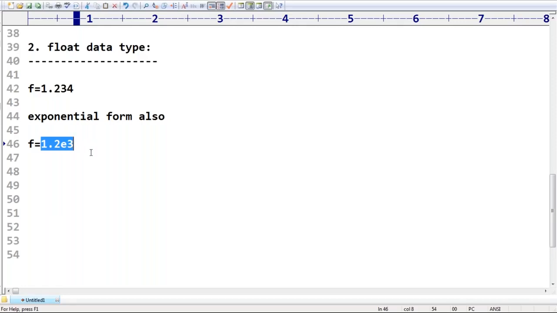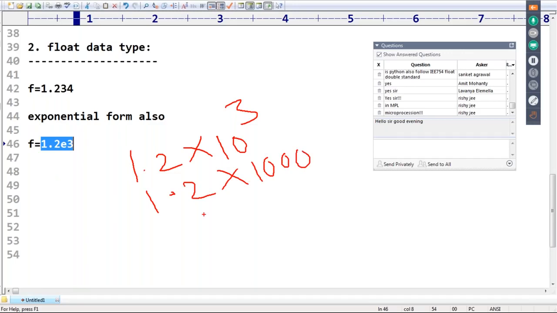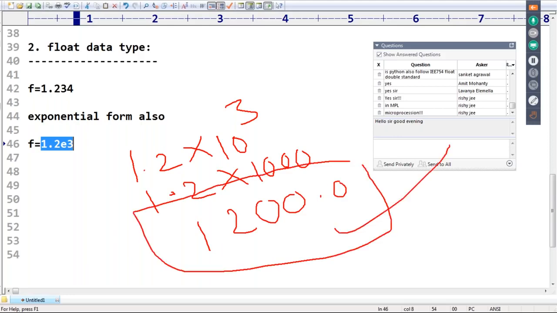Now my question is, what about its value? 1.2e3 is 1.2 into 10 power 3. 10 power 3 means what? 1000. So its value is nothing but 1200.0.